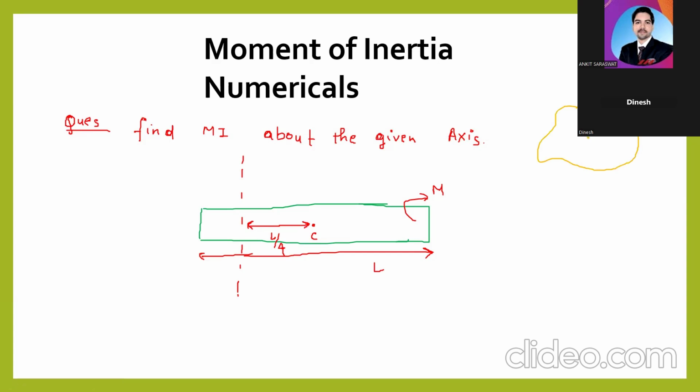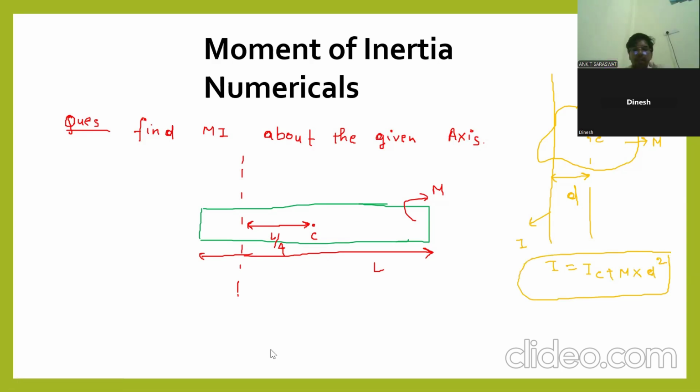If you know the moment of inertia about the center of mass, IC, and they are asking the moment of inertia about this axis, let the distance between the two parallel axes be d. Then the answer will be IC plus m, the mass of the body, multiplied by the square of the distance between them, d squared. Clear? Any doubt?